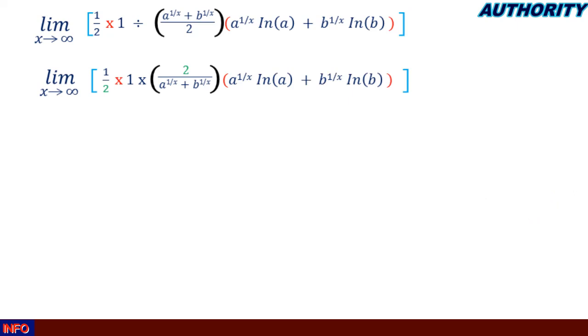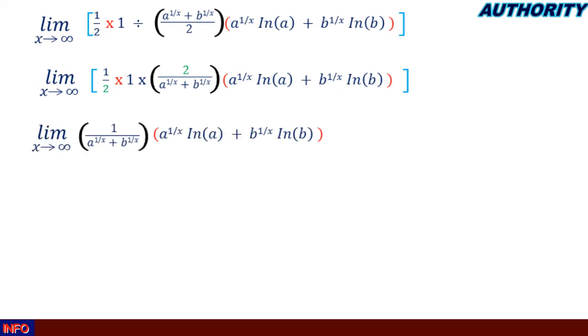All right, good. Now let's go. In this case, carefully looking at this, we have 2 in a numerator and 2 in a denominator. They will cancel out. When they cancel out, this is what we have: the limit as x approaches infinity of 1 all over (a^(1/x) + b^(1/x)) multiplied by a^(1/x) ln a + b^(1/x) ln b.